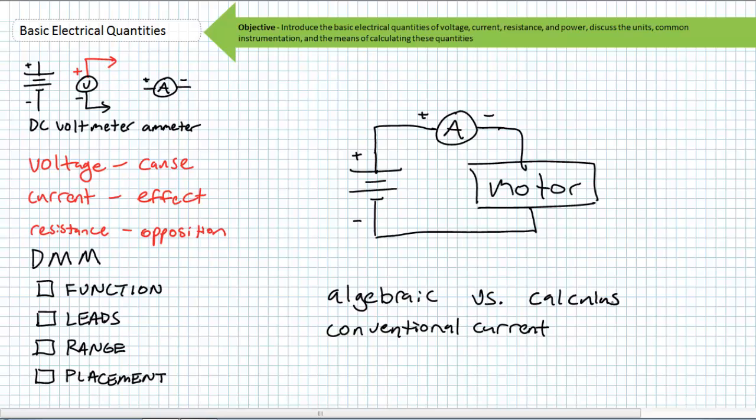It's for this reason I'm willing to forgive Ben Franklin for a major error he made in 1752 that has been carried forward into our modern era. Ben Franklin chose a direction he thought electrons were traveling, and that direction became the accepted convention, hence the term, for current flow from that point forward. He thought electrons went from the positive terminal of a voltage source to the negative terminal of the source.